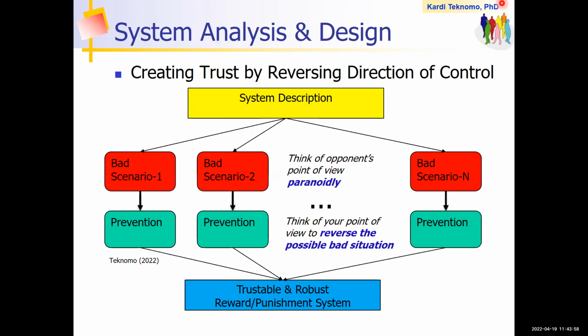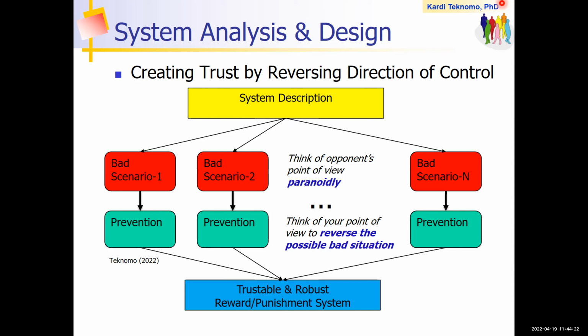So the technique is, first, you create a system description. What is the current situation? Then using game theory, you think from the opponent's point of view: what will they gain through cooperation?